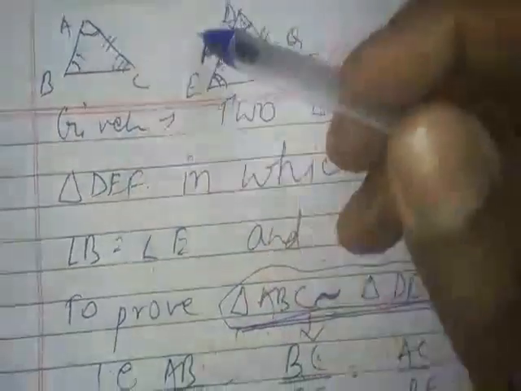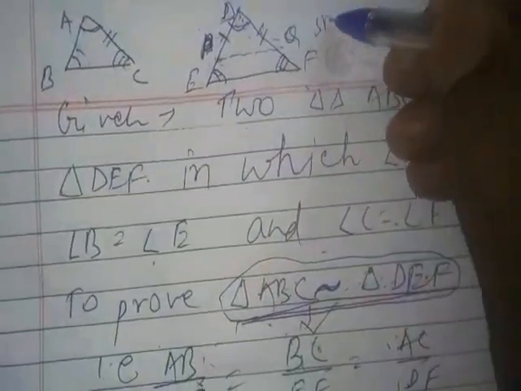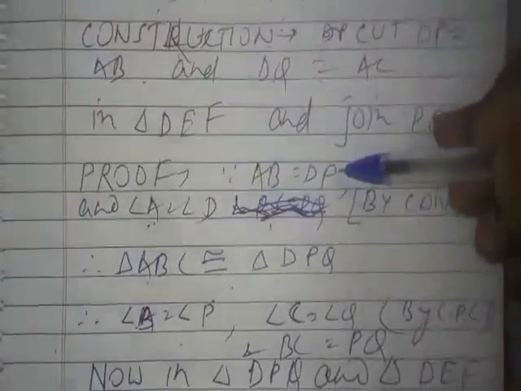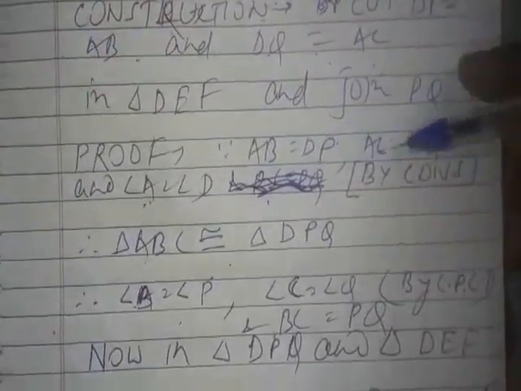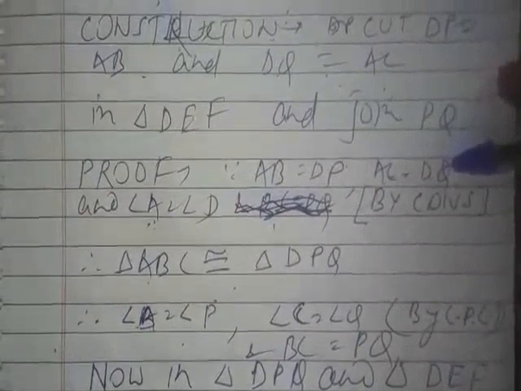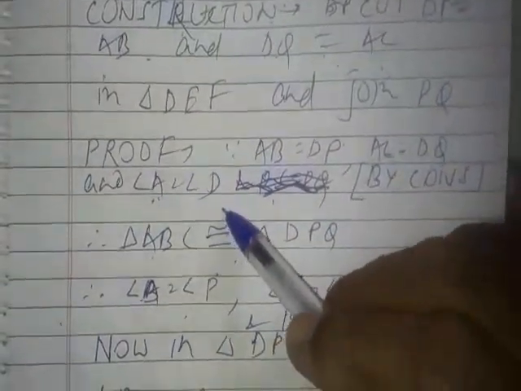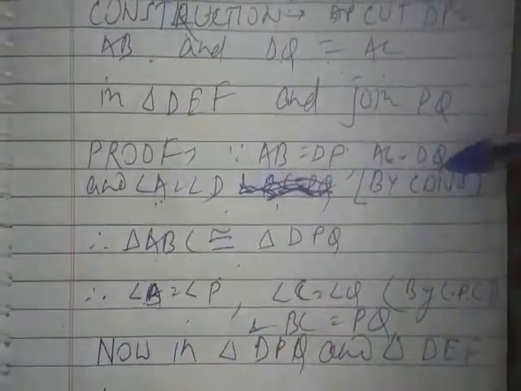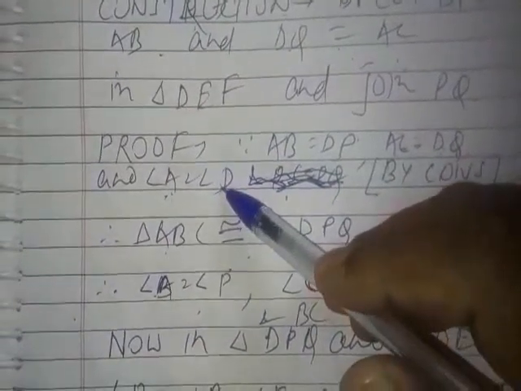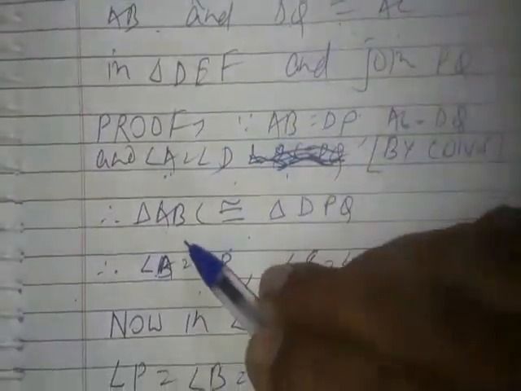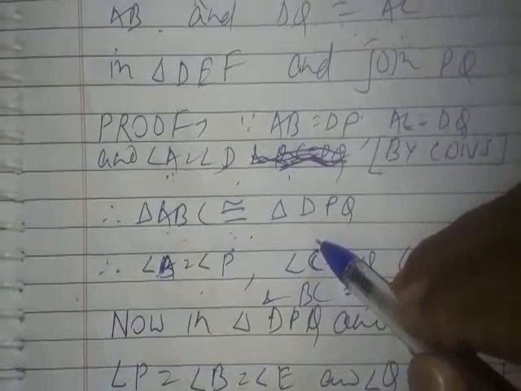That is the SAS condition. So we have AB equal to DP, AC equal to DQ, and angle A equal to angle D. These two we have taken by construction and this was given to us. Thus we can say that triangle ABC is congruent to triangle DPQ by SAS congruency.